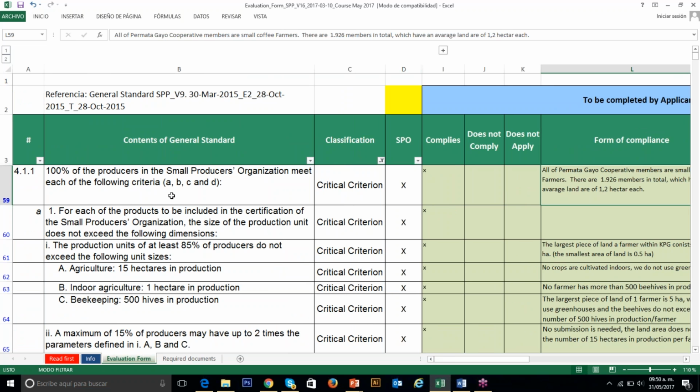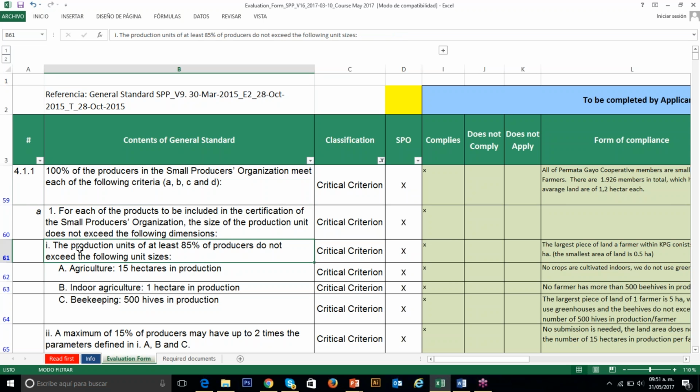Then in this criterion, 4.1.1, it says 100% of the producers in the small producer organization meet each of the following criteria. Letter A, for each of the products to be included in the certification of the small producer organization, the size of the production unit does not exceed the following dimensions.